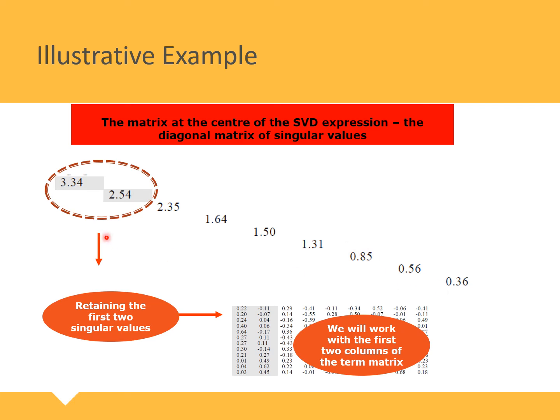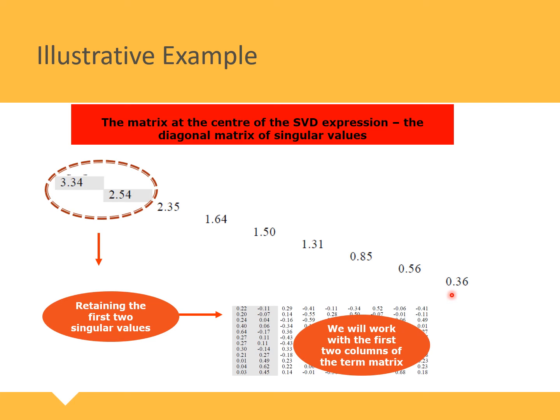Now here, by looking at the magnitude of the singular values, let's say we decide that we will consider only the first 2 singular values. There is no hard and fast rule that you have to consider the first 2. You can consider the first 3 as well, or the first 4. The guiding principle can be that you add up all of these singular values and get a number, and then you see what percentage the first singular value contributes to the total, similarly what percentage the second contributes, and so on.